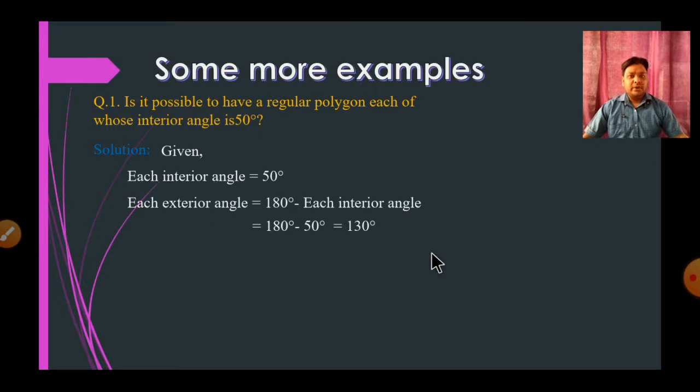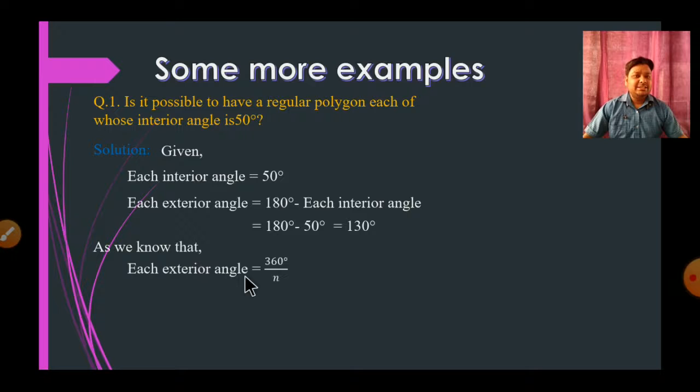Now let's find the number of sides. As we know, each exterior angle is equal to 360 degrees by n. So if we take n to that side and each exterior angle to this side, the formula will be n is equal to 360 degrees by each exterior angle.